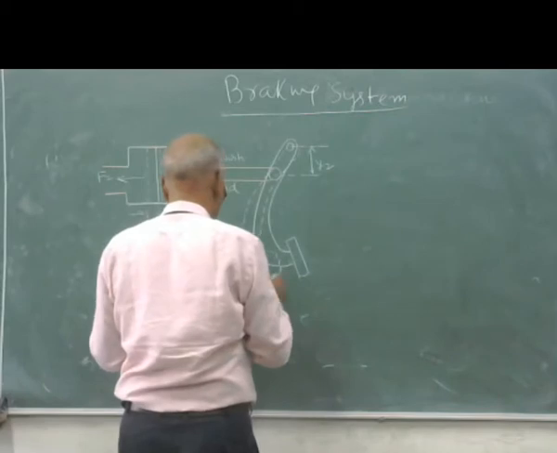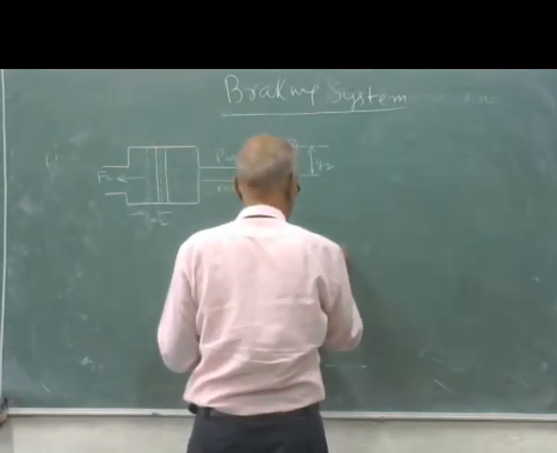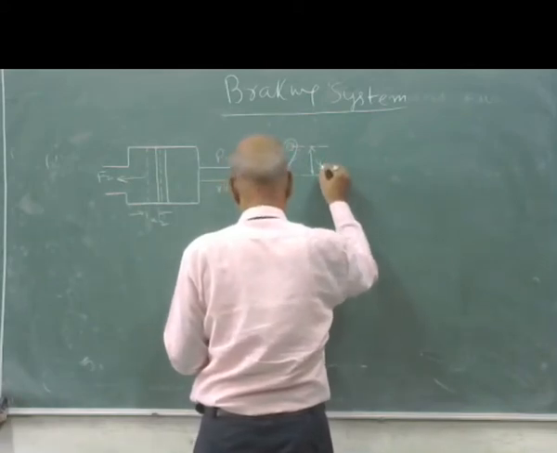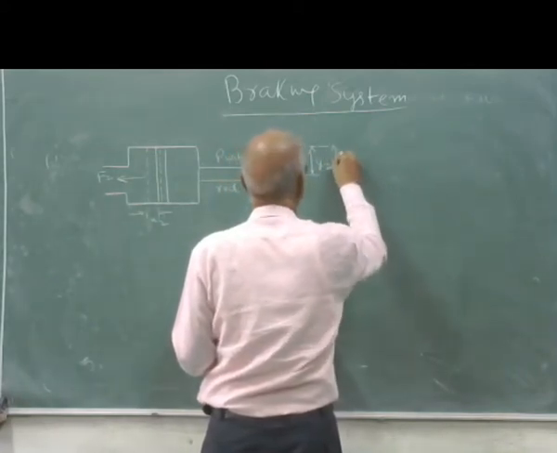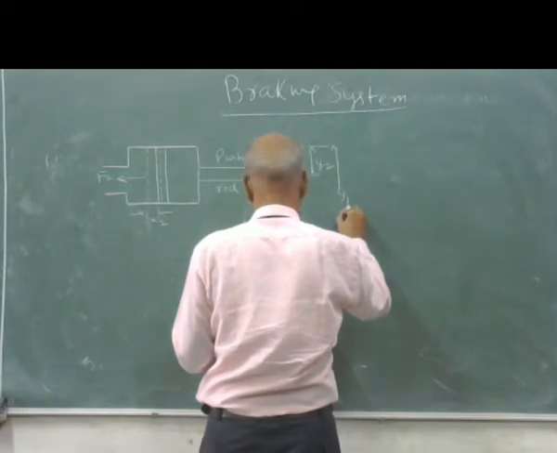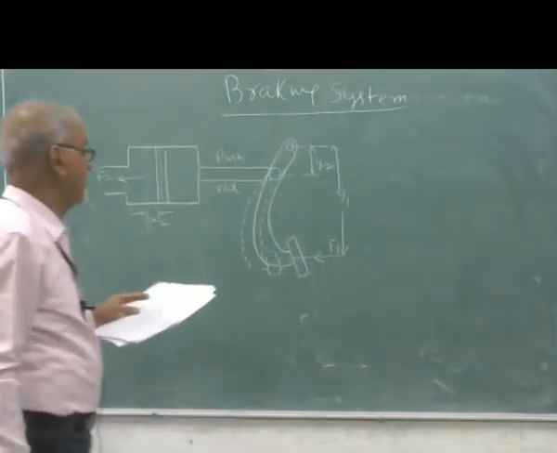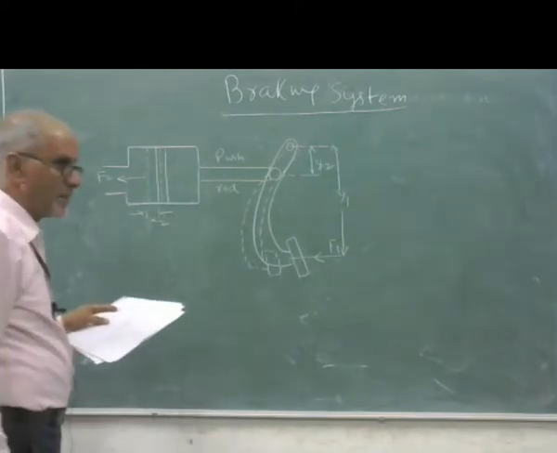So, force F1 is being applied over here at the paddle, and Y1 is the distance for the force. So, this is the action of the braking system, hydraulic braking system.